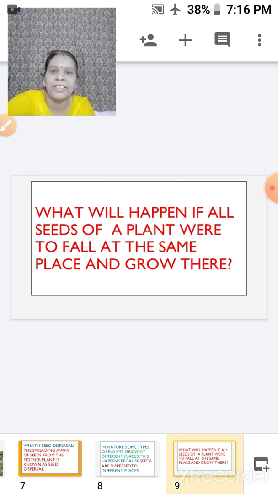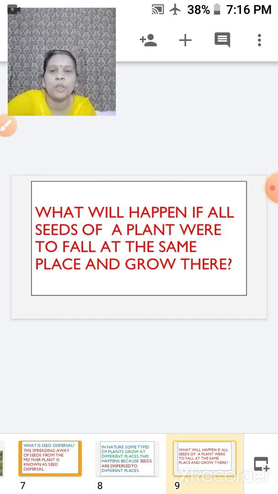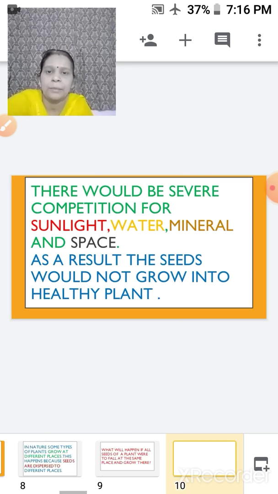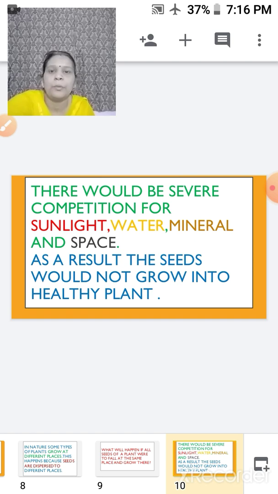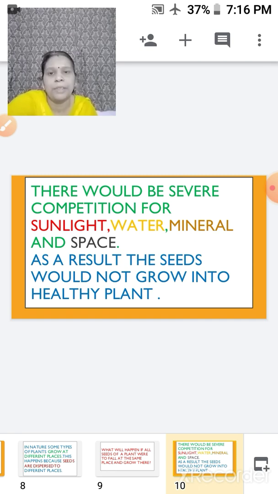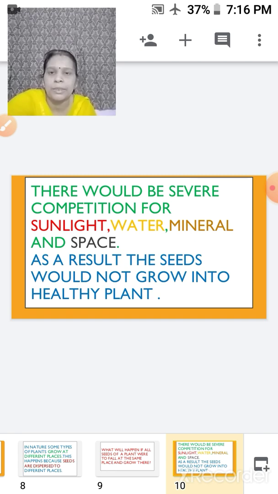Will that plant grow healthy? There would be severe competition for sunlight, water, minerals, and space, which results in the seeds not growing in a proper way.